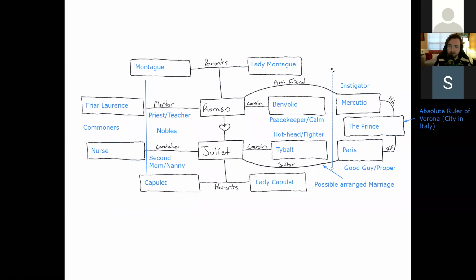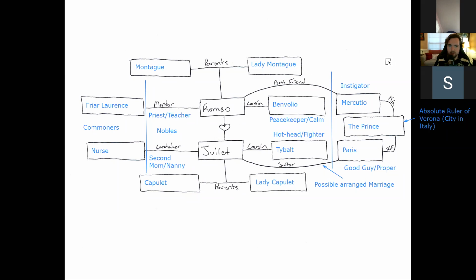And since she's a daughter, they have to find someone for her to marry, or someone else is going to just take over their family, like a cousin or something, right? So all of these guys in the center here, they're all nobles. They're upper class, but they're not really the ruling class.